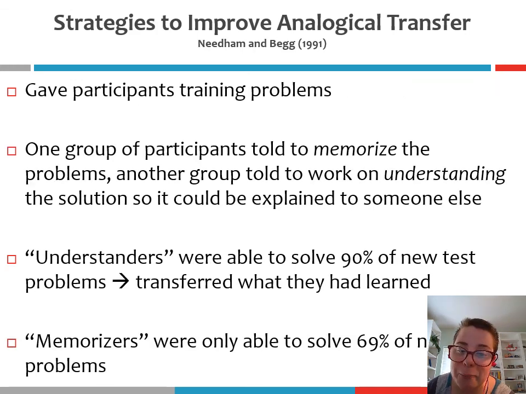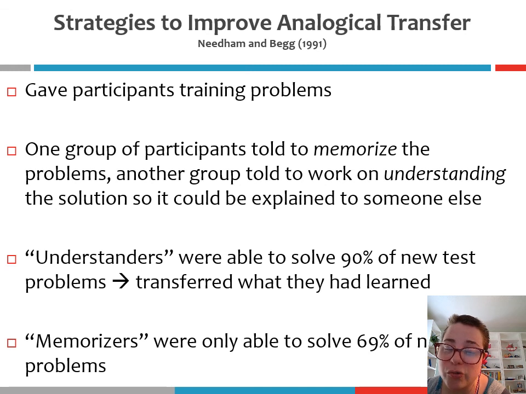Okay, another example, participants were again given problems, and one group was told to memorize the problems. So memorize the features of the problem and the solutions to the problem.